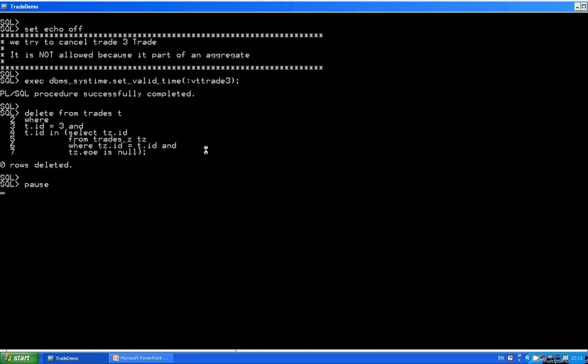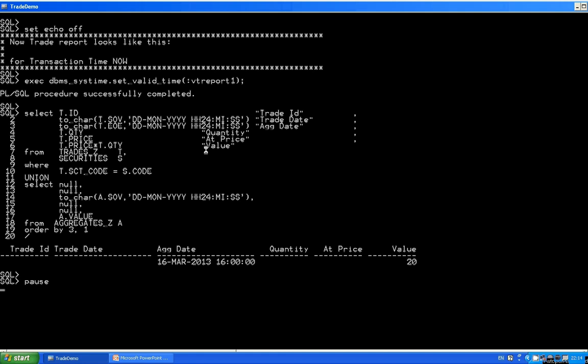This time trade 3 is part of the first aggregate, therefore its end of existence has a value, and therefore we're not allowed to cancel trade 3. If we go back to the valid time of the report at 5 p.m, we see that this is the truth. We have one aggregate, it has the same value, it includes trade 3 because we weren't allowed to cancel that trade.